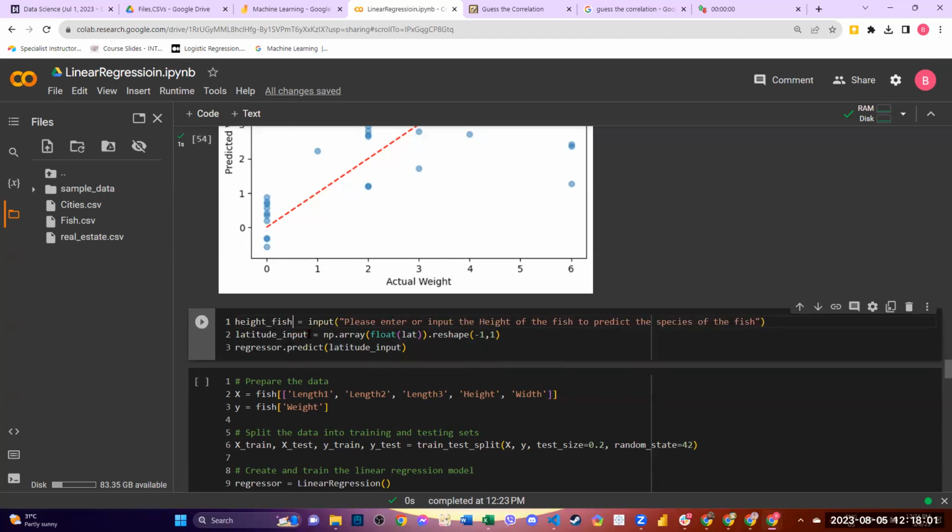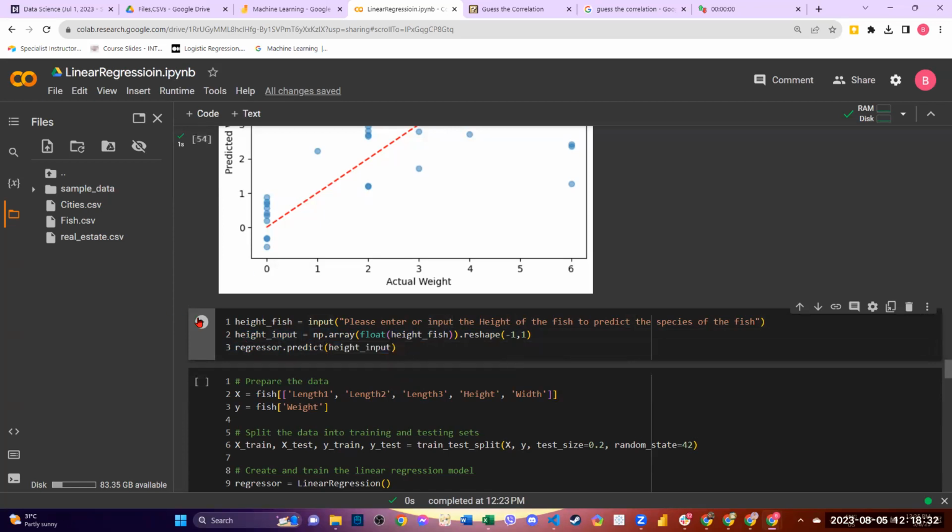So, height of the fish, height input, and then height input will replace this one.